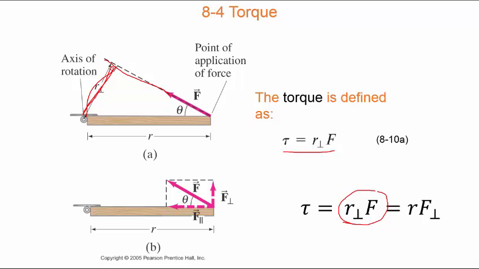Or the second choice is to break your force down into components, so you have a force that is perpendicular to the lever arm, and that is this equation. They mean the same thing. Sometimes it's easier to use one rather than the other. That's pretty much it for torque. Let's hit a couple of problems.